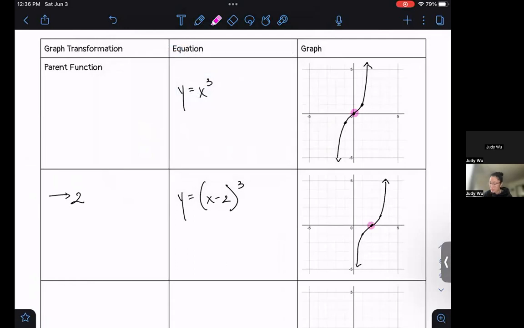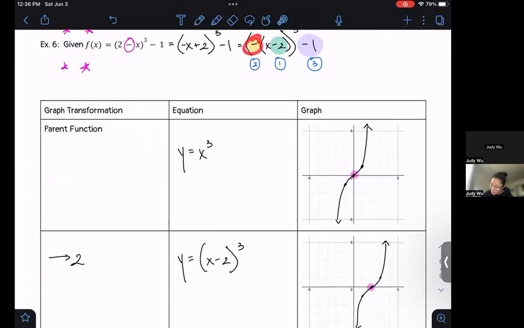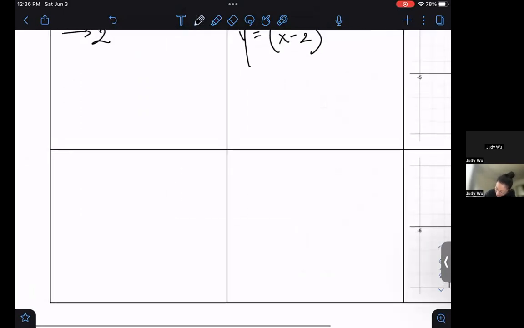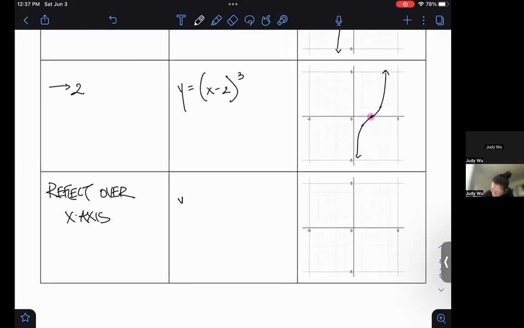Okay. Now, it might be helpful for some of us to sort of keep track of that middle point, all right, so that we can see where things are moving to. All right, negative b, that means that I reflect over the x-axis, all right? So y equals negative x minus 2 cubed.